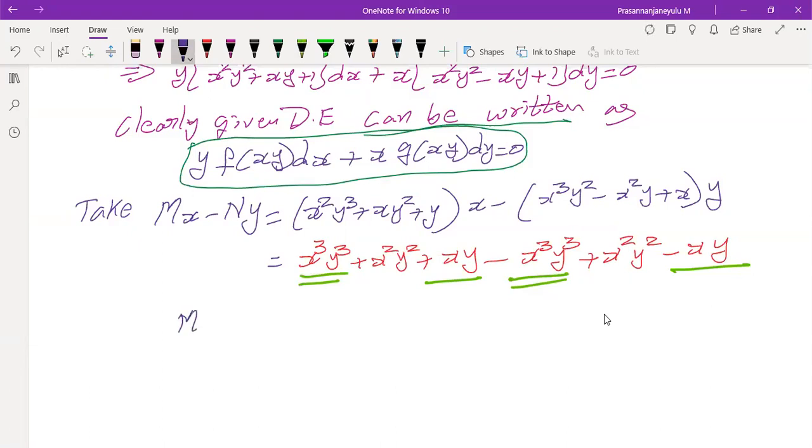So finally we can say that mx minus ny equals x square y square plus x square y square, which is 2x square y square, which is not equal to 0. So what is the integrating factor?